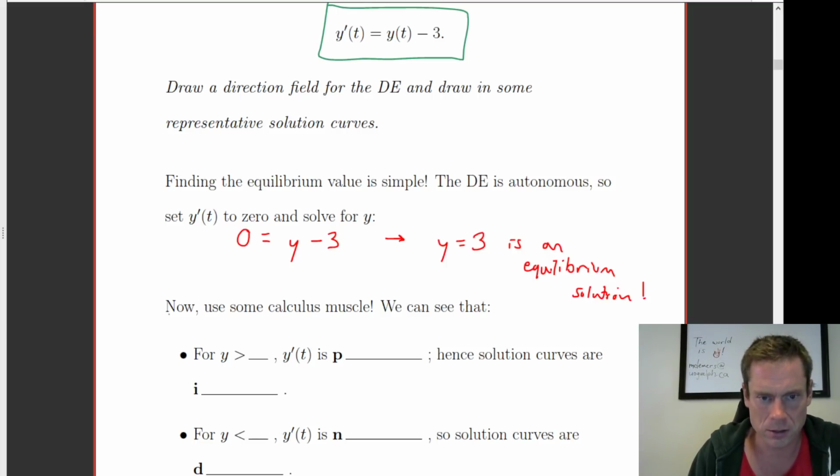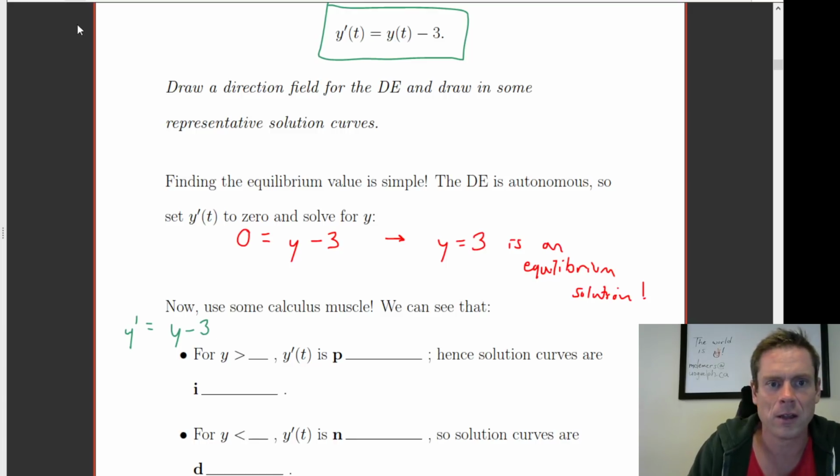So it was y prime equals y minus 3. If y is greater than 3, it's easy to see, right? If y is greater than 3, then y is something like 4 or 5 or a million. And I get y prime is equal to that number minus 3. As long as y is bigger than 3, then y prime, the derivative of y with respect to t, is going to be positive.